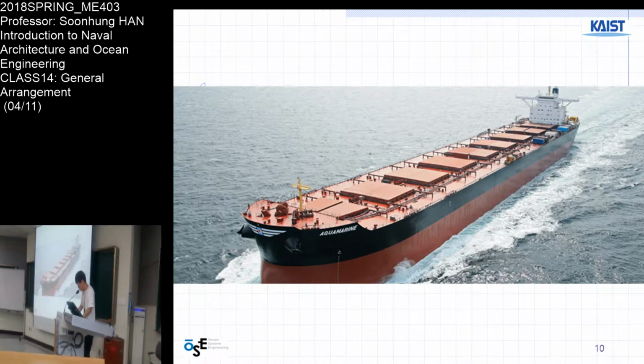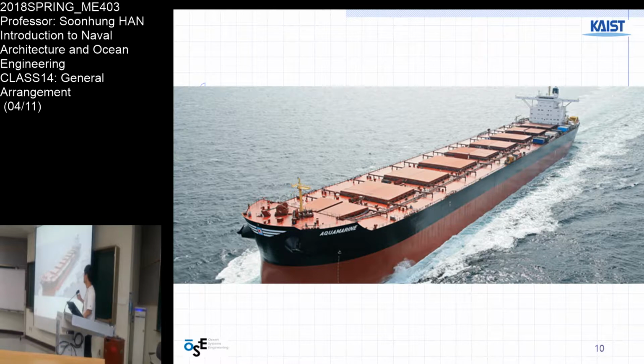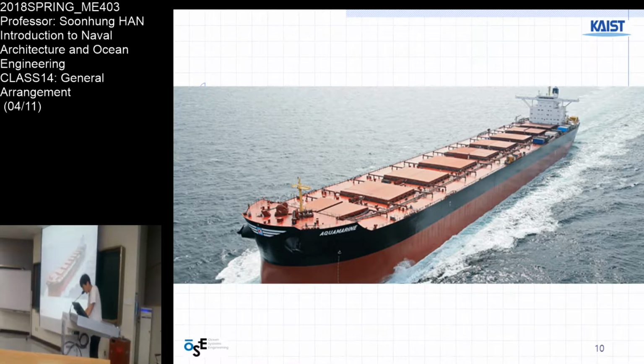Also, an interesting part of this ship is the red and black color line, which is for safety, to avoid overloading cargo. If the water line goes over the red line, it means the cargo is too much. So we can check the load condition.